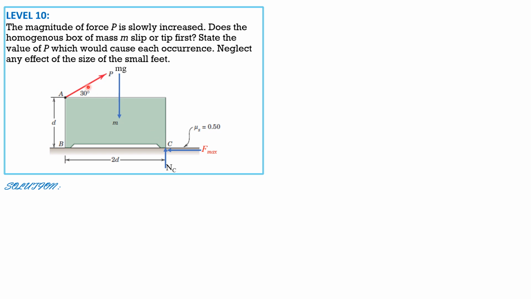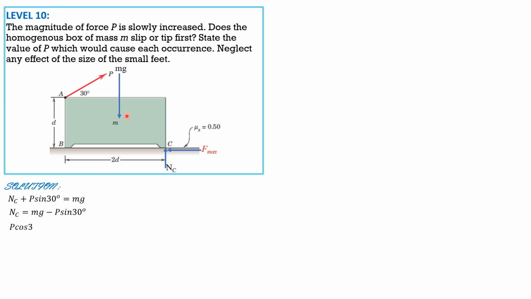So for slipping, there's no reaction at B, only at C. So we have N sub C and F max. So N sub C plus P sine 30 equals mg. So N sub C is mg minus P sine of 30 degrees.